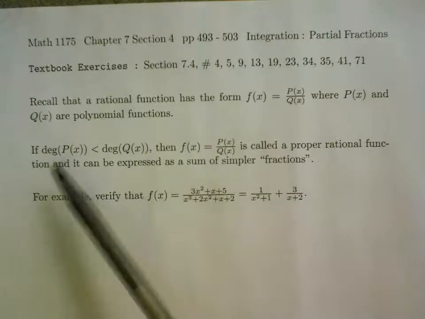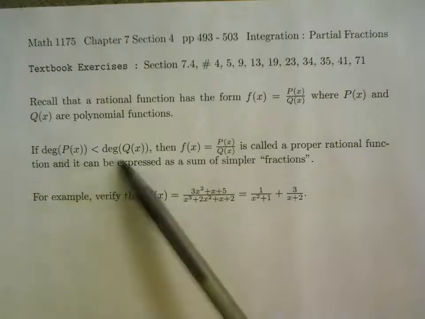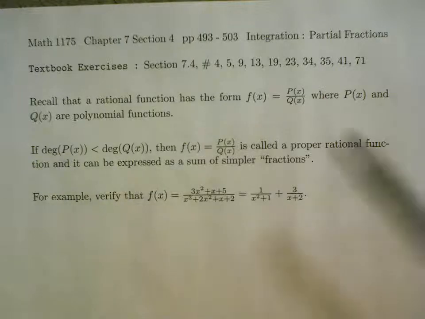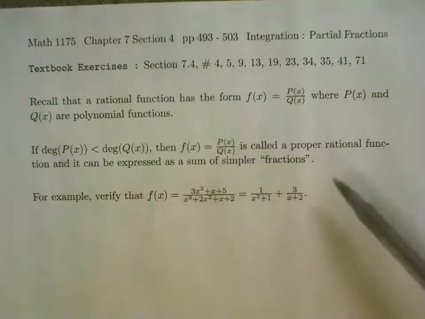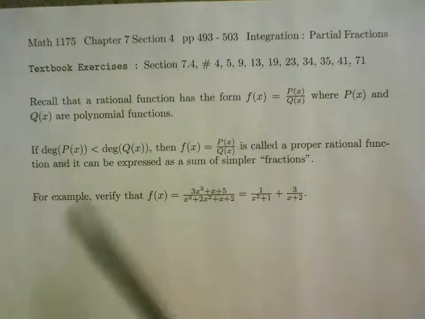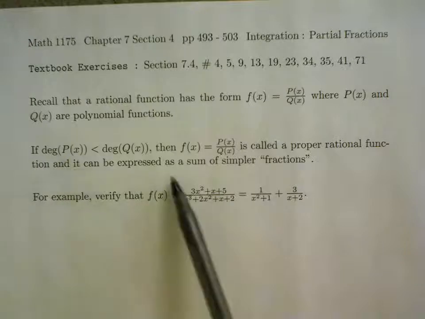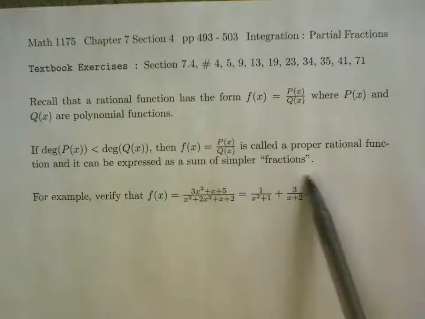If the degree of p of x is less than the degree of q of x, then the rational function is called a proper rational function, and it can be expressed as a sum of simpler fractions.